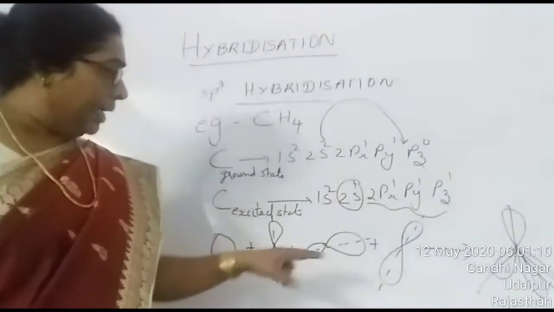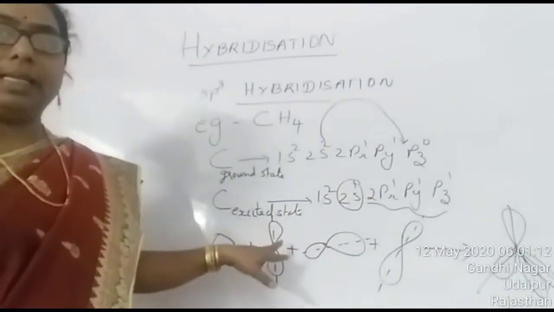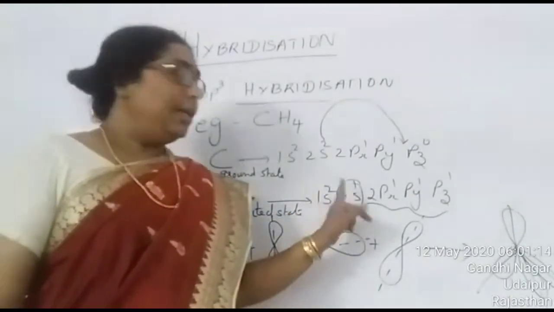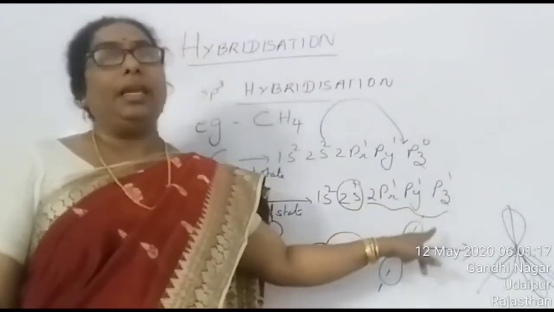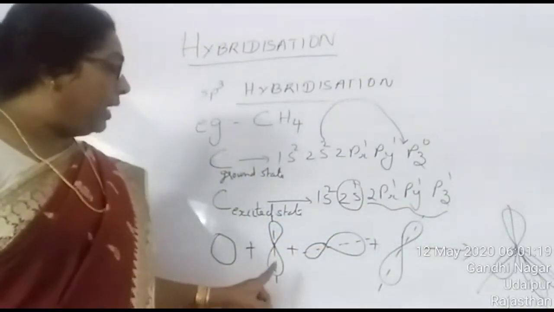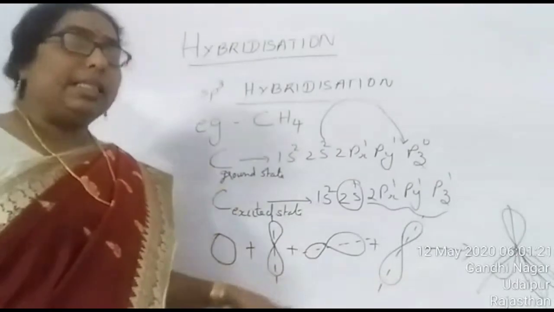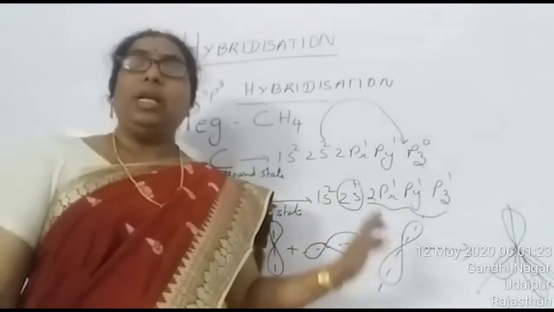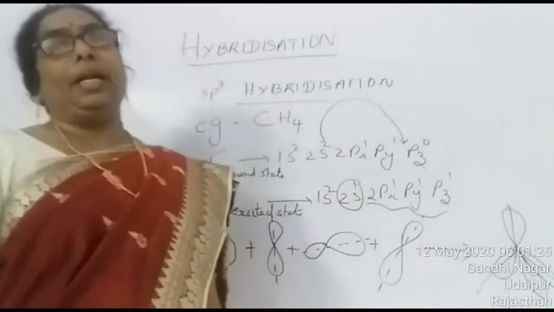Is it clear? Here what we have seen, carbon in the excited state has the configuration 2s1, 2px1, 2py1 and 2pz1. So one s orbital undergoes hybridization with 3 p orbitals and produces 4 sp3 hybrid orbitals.